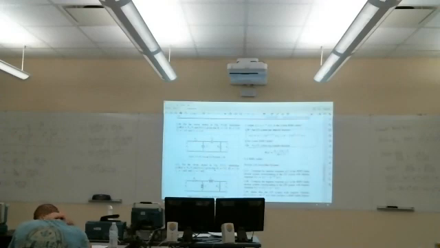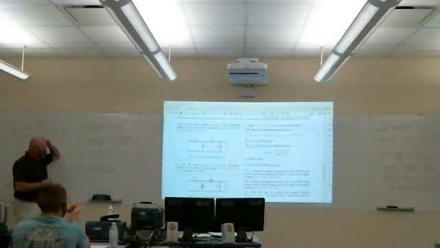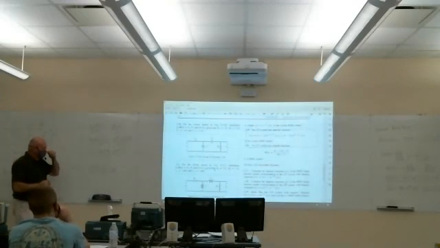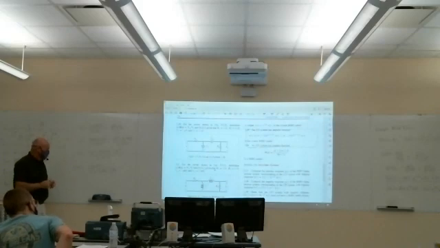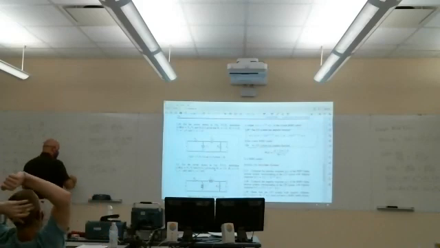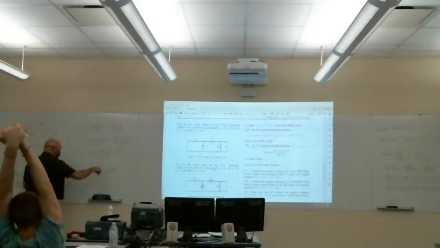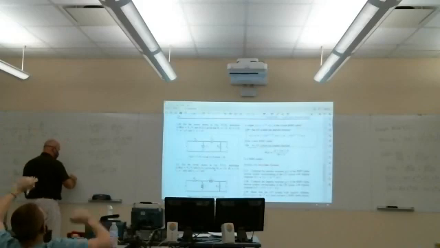Oh, I missed the b part. Took us a while to get H of s. It might be a little easier to use one of the frequency scaling properties we've used for the transform to get rid of all these 10 to the 6s.